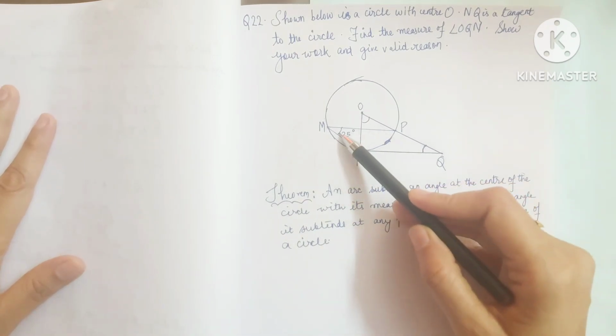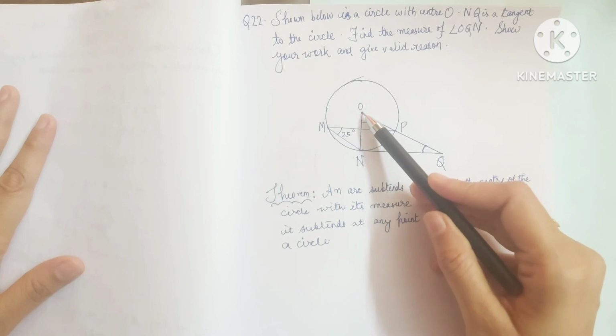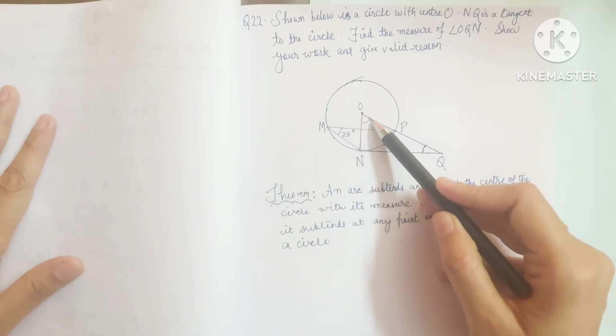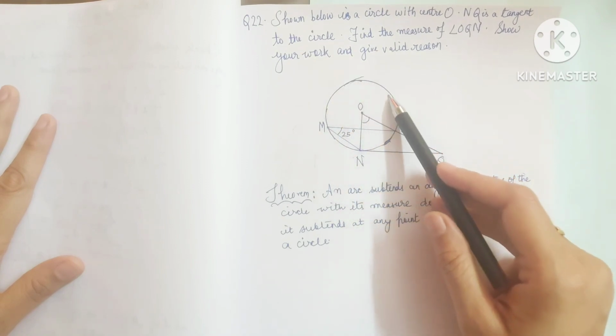मतलब ये arc यहाँ पर अगर 25 डिग्री कर रहा है तो यहाँ पर डबल करेगा. On the center it will have an angle which is double of the angle that it subtends on any point on the circumference of a circle.